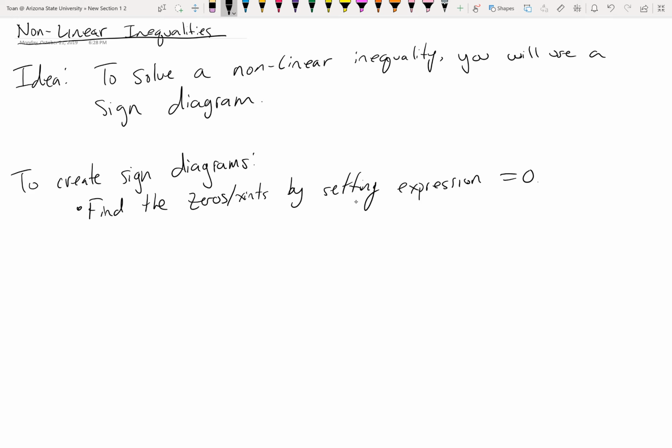So once your inequality has everything on one side, you're going to pretend that it's an equal sign, set it equal to 0, and solve. Those will be the numbers you plot on the sign diagram.